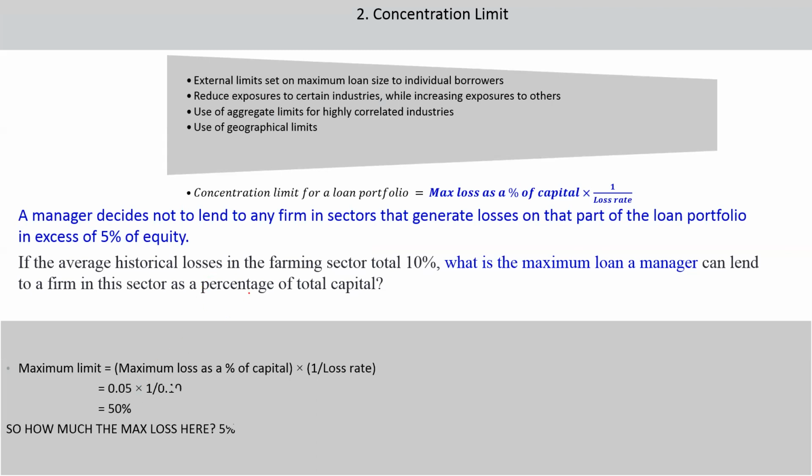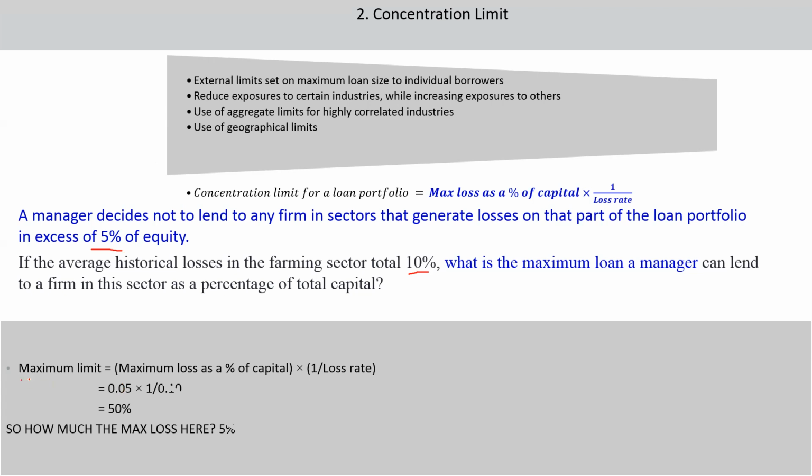If the average historical loss in an industry is 10%, say petroleum, what is the maximum loan a manager can lend to a firm in this sector as a percentage of capital, assuming they are not willing to lose more than 5% of their capital?